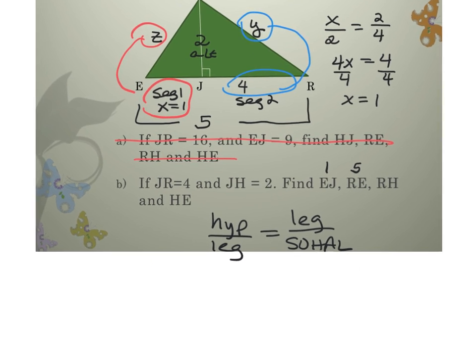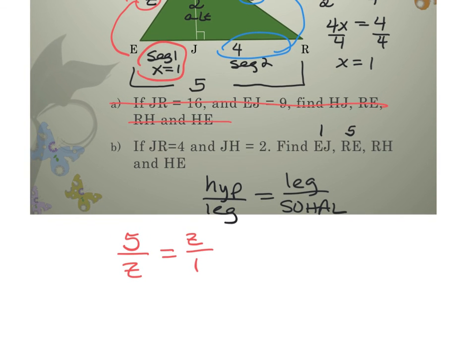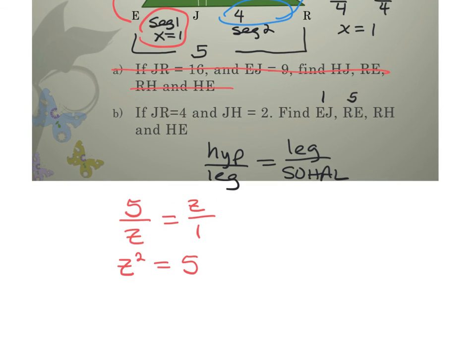So let's set up our 2 proportions. I'll do the Z first. So hypotenuse, remember we just added 4 plus 1 and we got 5 over the leg, which is Z, and then leg over the SOHAL. Cross multiply, and then square root. Z is equal to the square root of 5, and Z is HE, so that is square root 5.